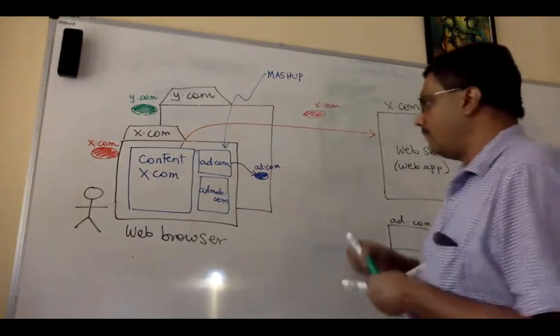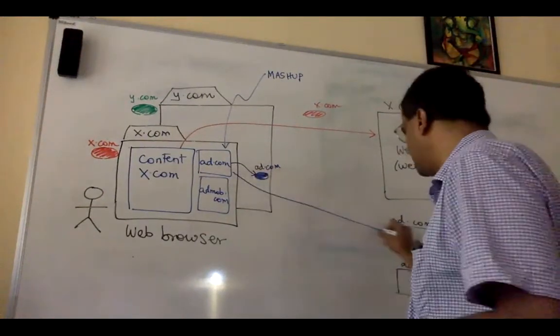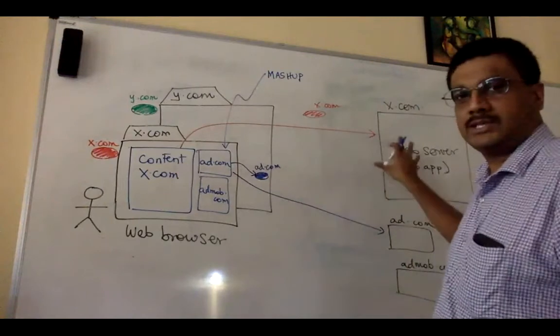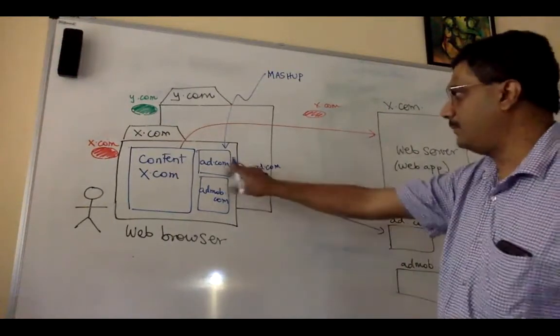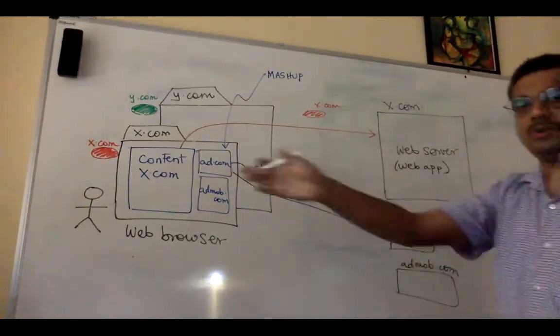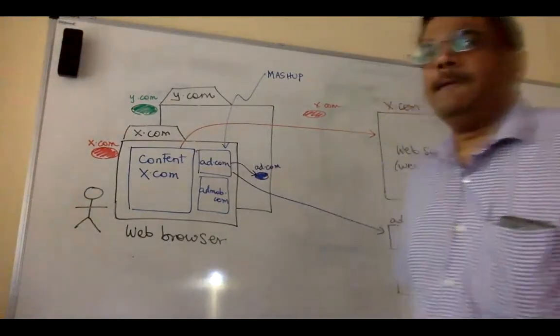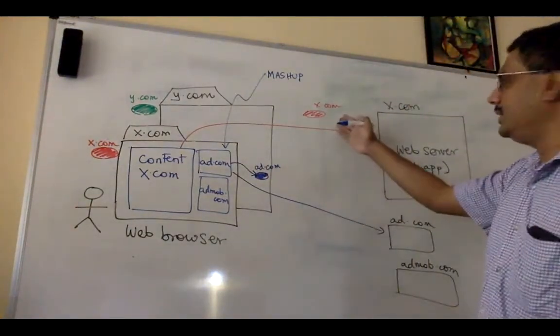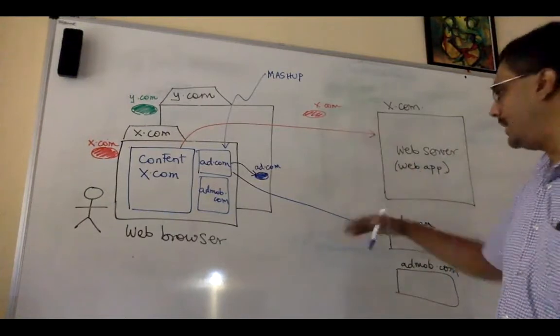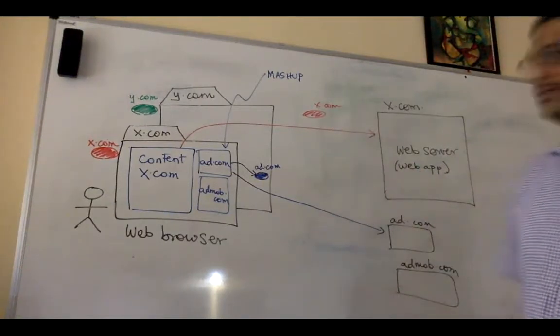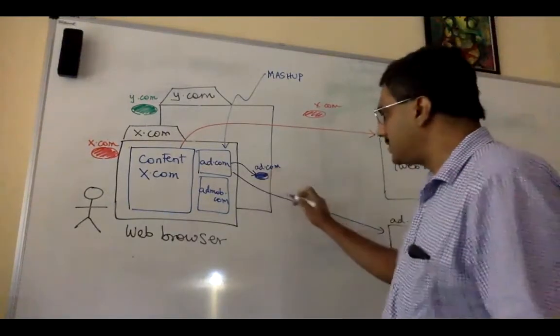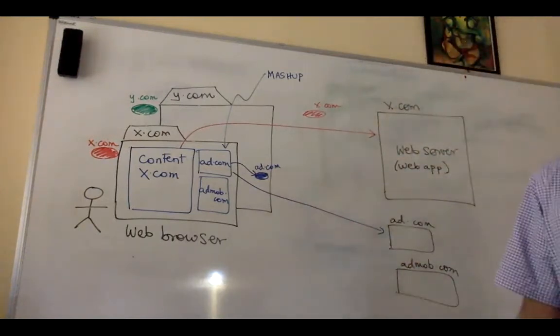Likewise, whenever this web page is loaded, all of these requests go out from your browser; it farms out requests to various backend web servers. Over here you have a request to x.com, you have another request to ad.com, and so on, and this cookie must be sent only over to ad.com.